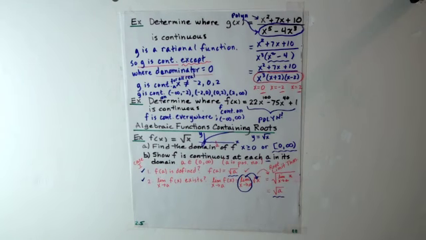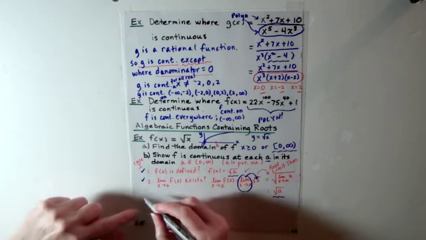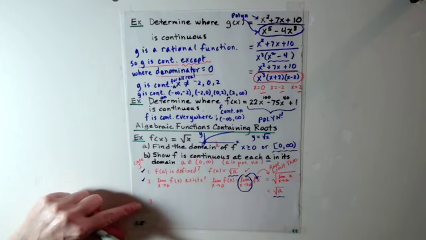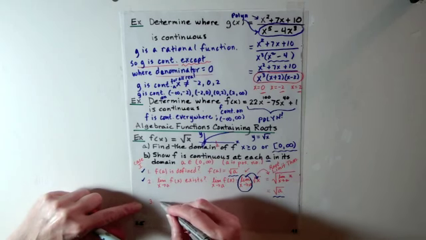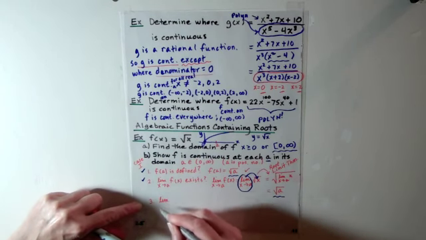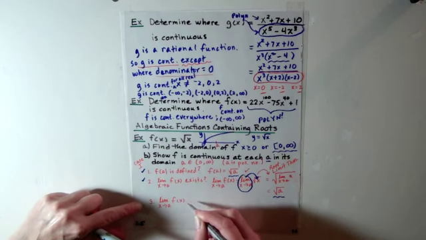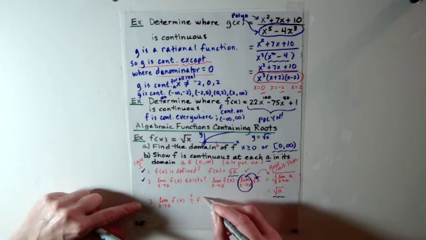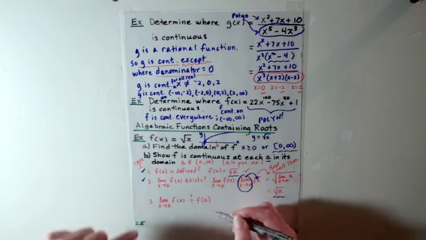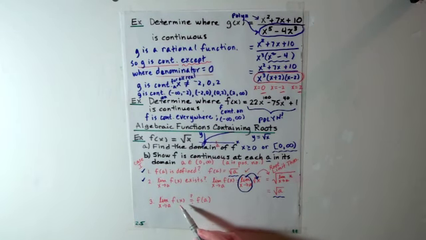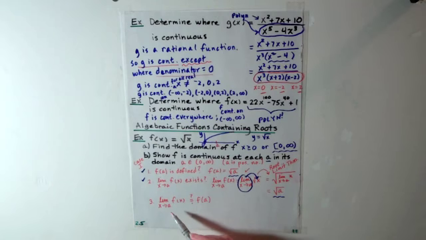And of course, the third part of our definition of f being continuous at a is that the limit as x approaches a of f of x has to equal, so put a little question mark here, f evaluated at a. So the values the outputs are getting close to as x gets close to a has to be the same as the value when I plug a into the function.